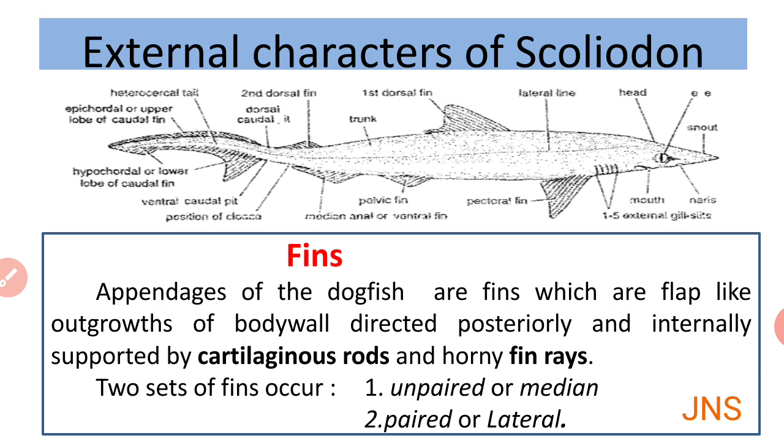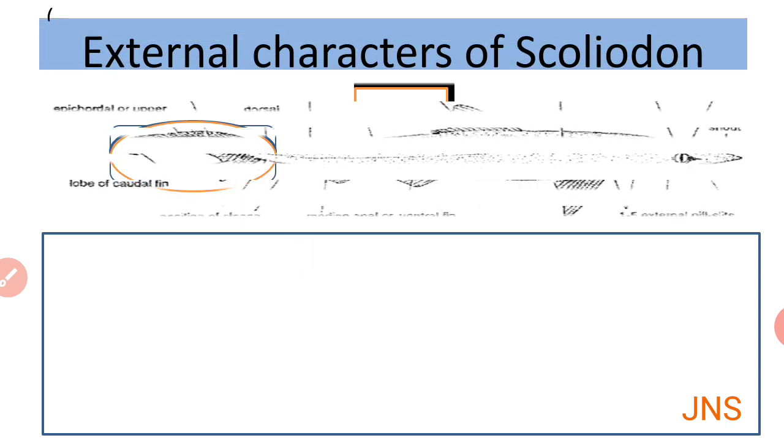The fins of Scoliodon are divided into two sets: the first is unpaired or median fins, and the second is paired or lateral fins.